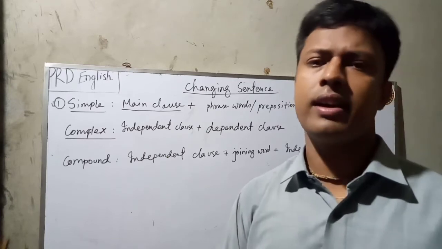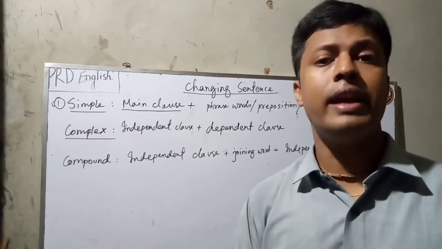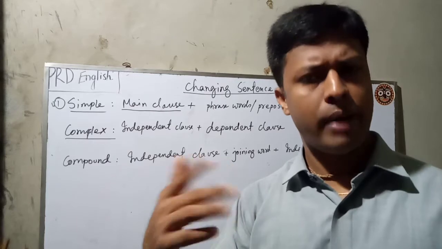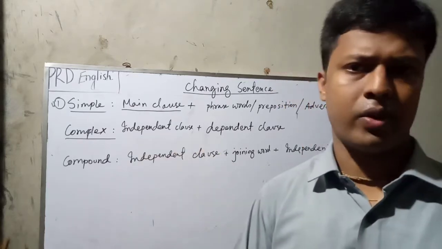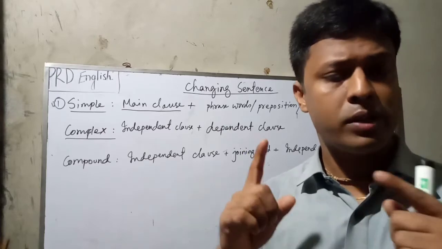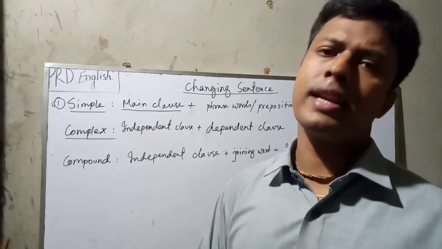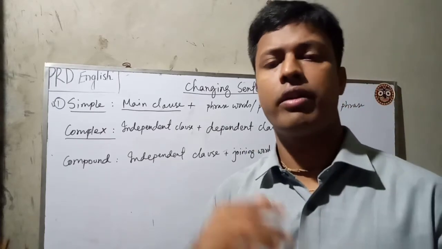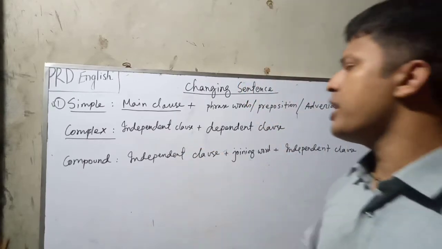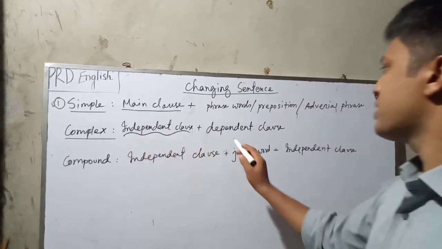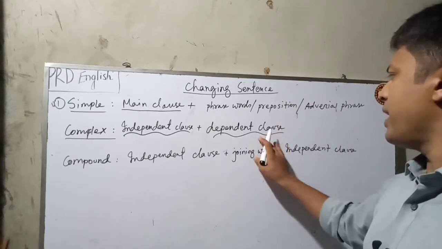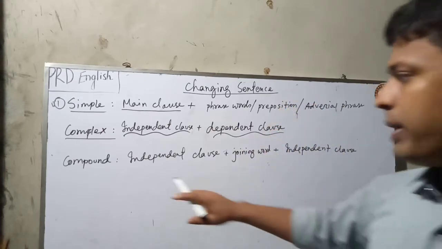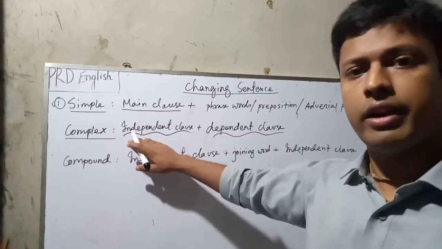A complex sentence has one independent clause, that means the main clause, and one or more dependent clauses. But we must remember this sentence has one main clause or independent clause. You can see here independent clause and dependent clauses. Many other clauses it can contain, but only one independent clause.